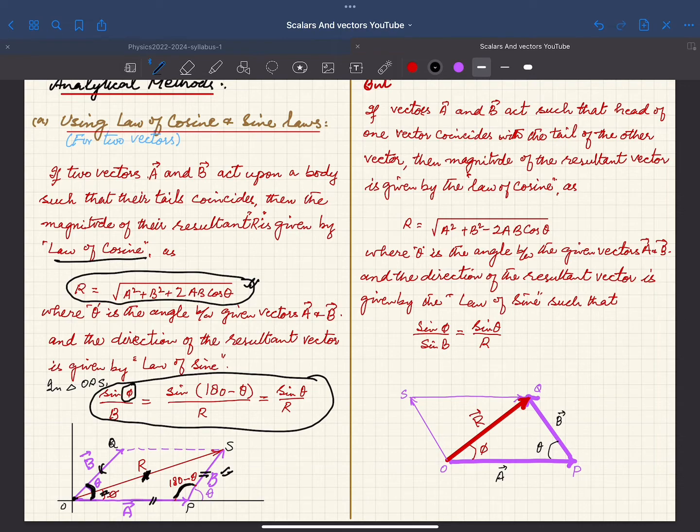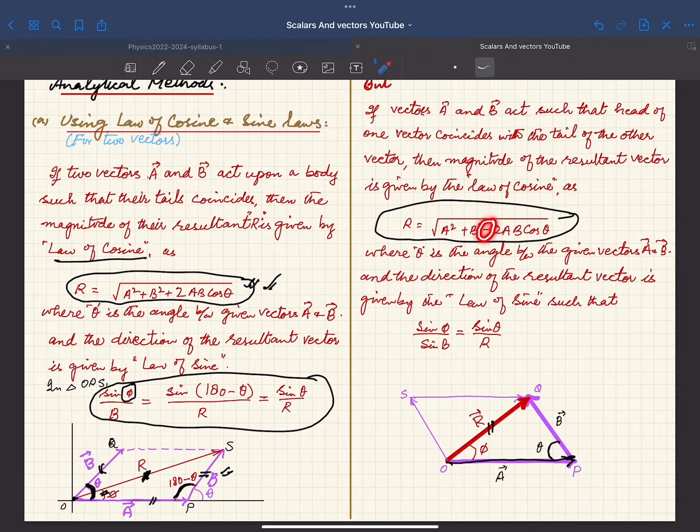But here we have a very small change, and you must remember this point: if the vectors are given in such a way that they follow the head to tail rule, like this, that the head of vector A is coinciding with the tail of vector B, and here you have the angle, then this will of course be the resultant, but you have to calculate the magnitude with the help of a formula which is nearly the same as before, but the sign over here is different.